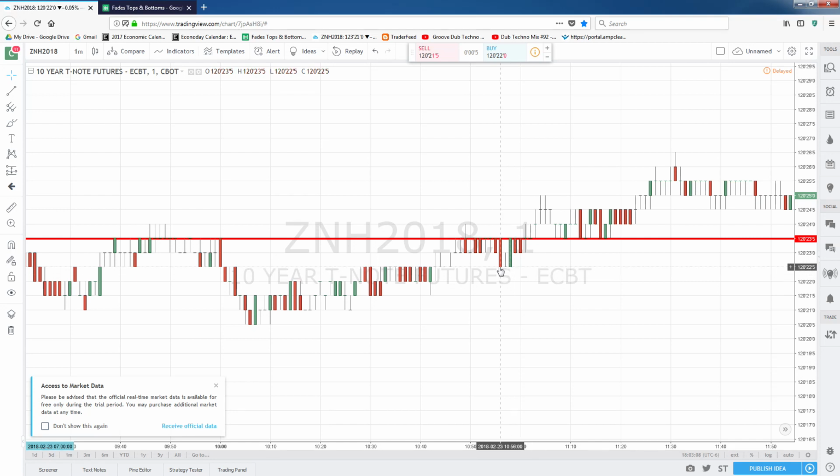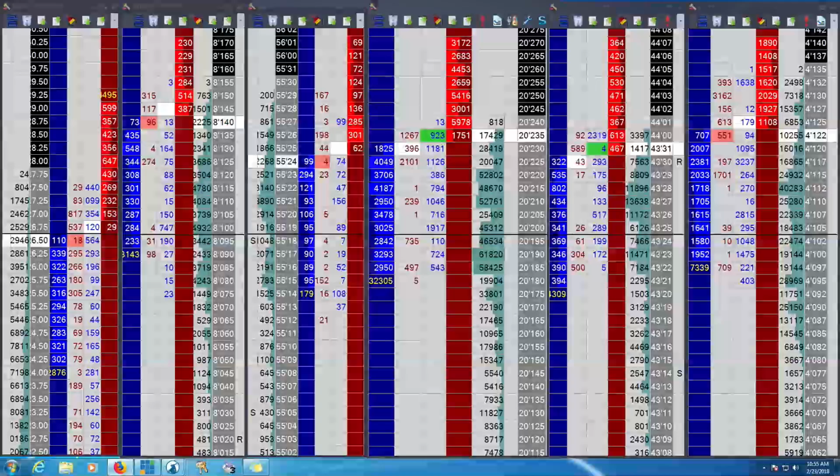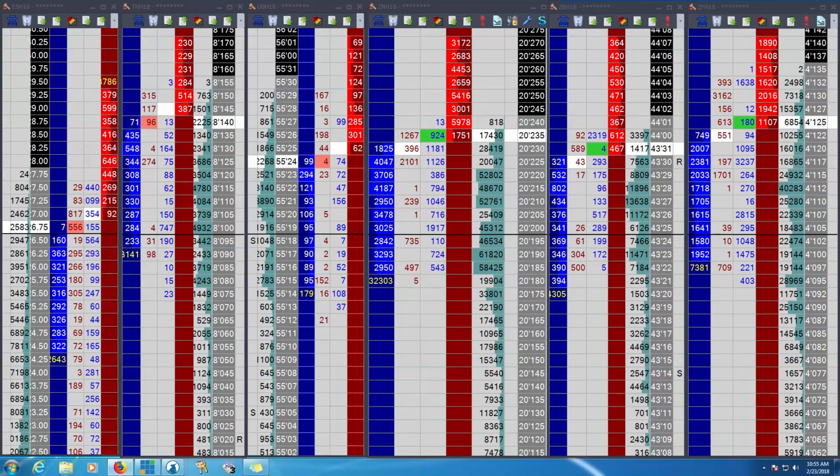So it does drop down to 22.5 at 10:56. So in 1 minute, actually, we'll go back to this. So now it's about to drop down, right?